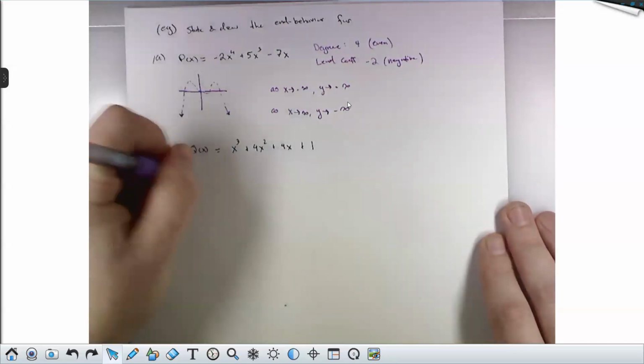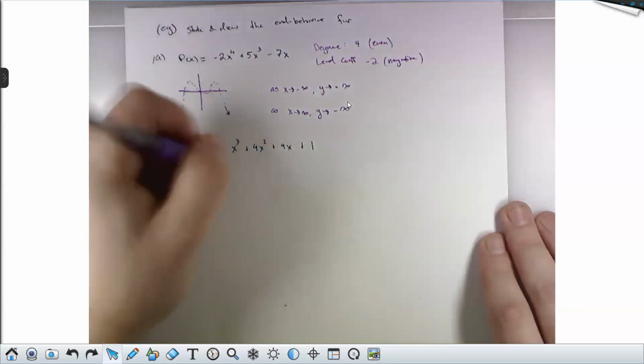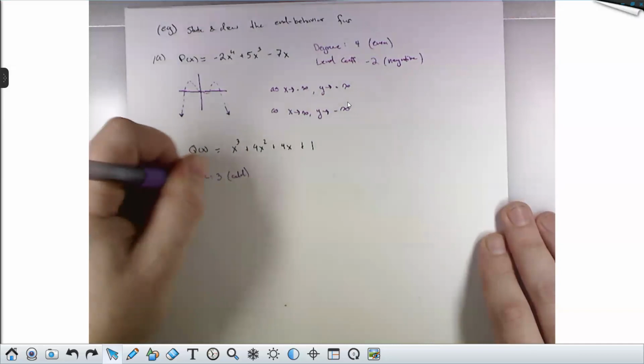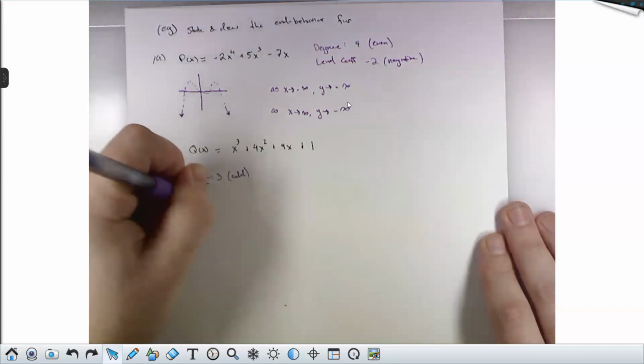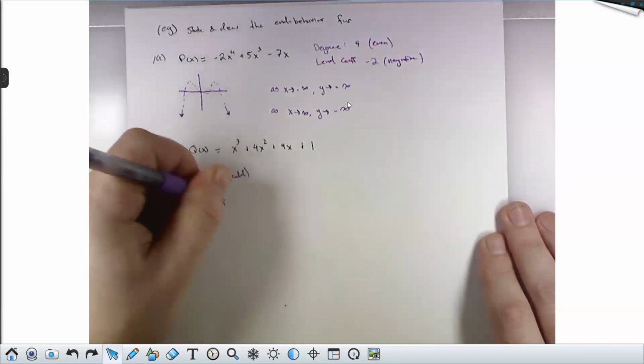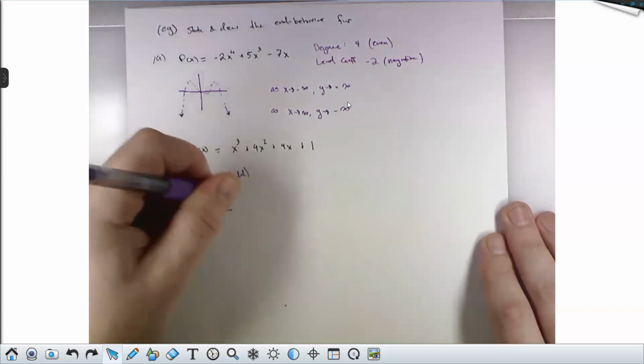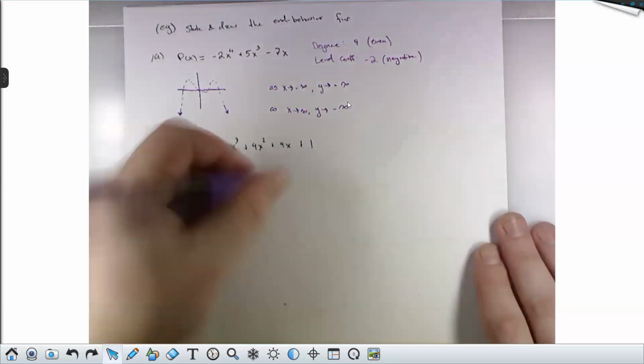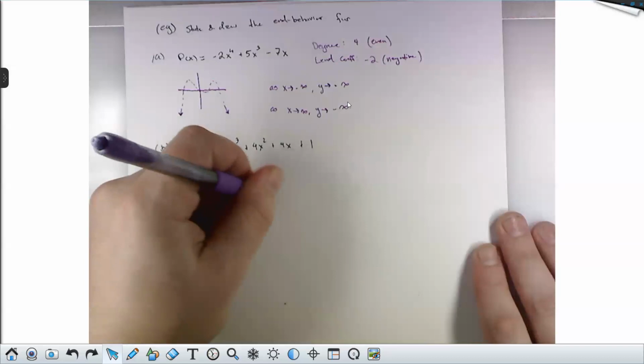Q of x here, the degree is 3, which is odd. And the lead coefficient, what is the lead coefficient here? 1. Very good. Yeah, remember, if there's nothing written there, it's a 1, which is positive.